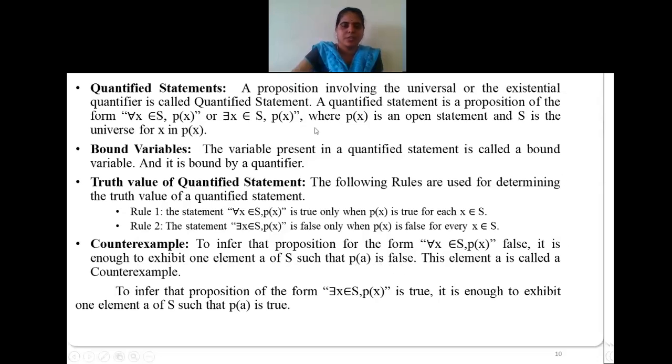This is called a counterexample. That means if you want to prove it false, you can select any value, and if for that value the truth value becomes false, then the complete quantified statement becomes false.